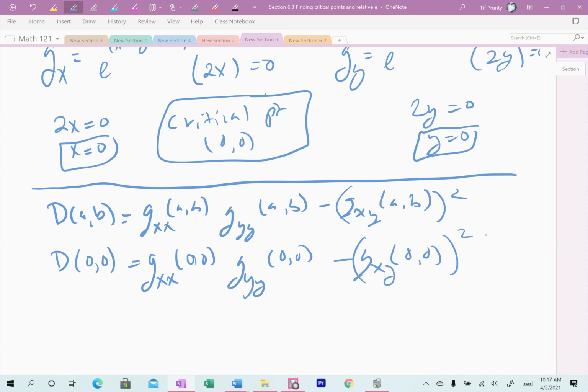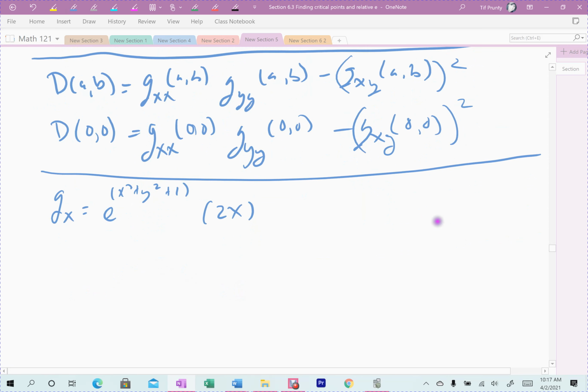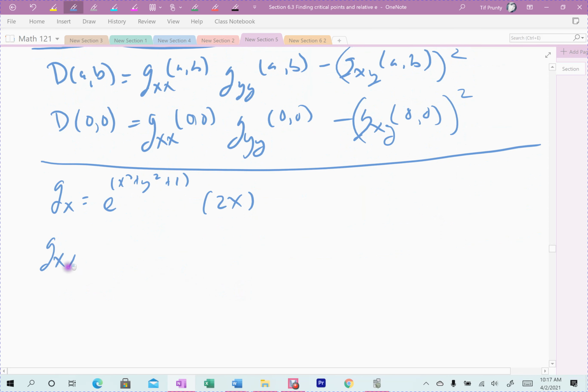Because if I just plug it into the entire expression with the second derivative, it gets really, really messy. And so this is what I'm going to do in this case, because the second derivatives are really messy. Alright, so first, the second derivative with respect to x. The reason they get messy is because this requires the product rule. First function is the e, the second function is the 2x.